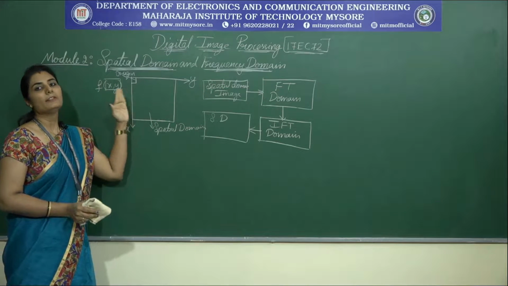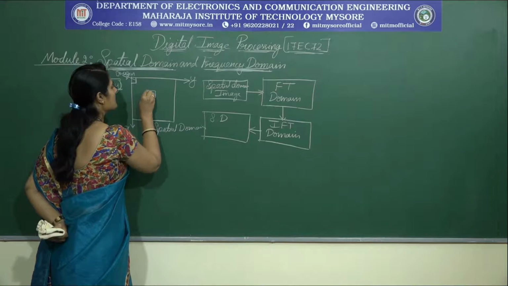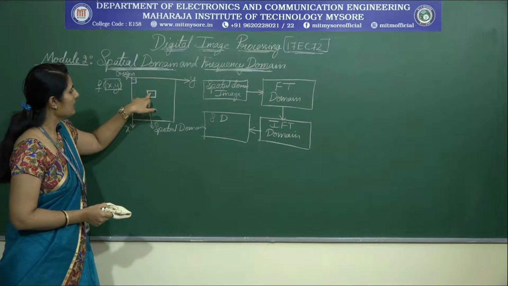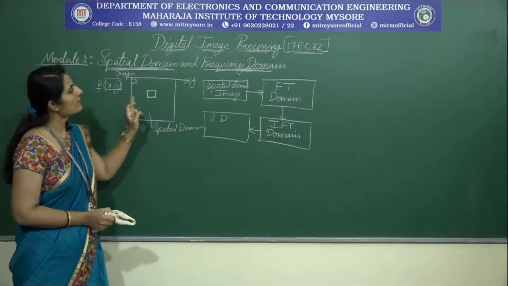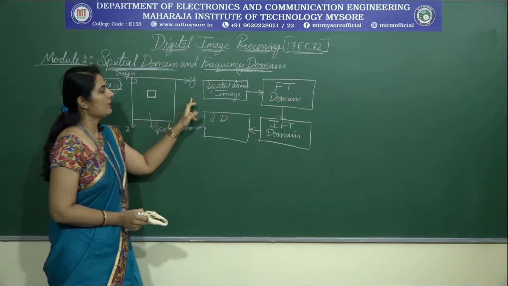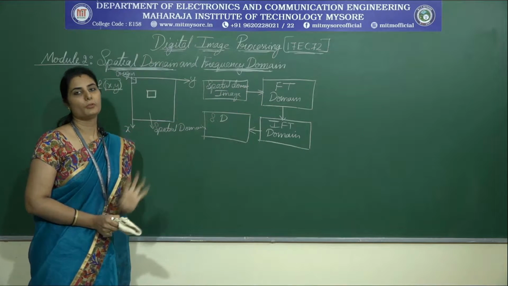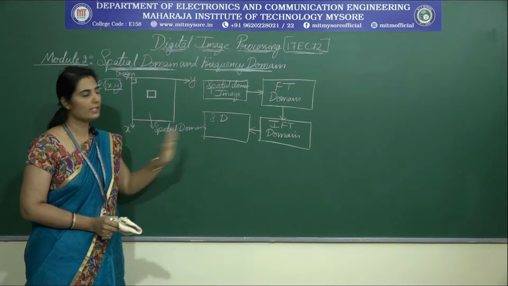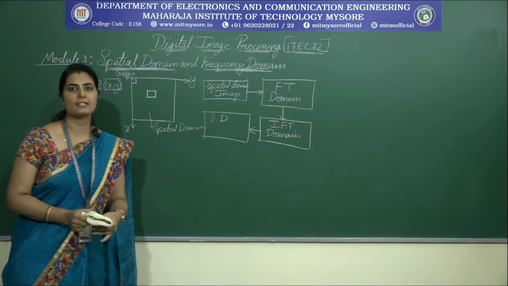Whereas in spatial domain, we directly manipulate a single pixel present in the spatial domain. In frequency domain, we do not directly manipulate the pixel, whereas we perform processing operations on the Fourier transform domain, then we convert back into spatial domain. There are some differences between spatial domain and frequency domain.